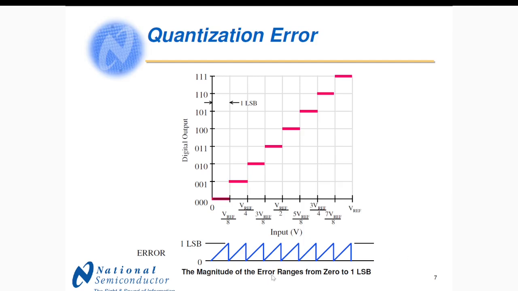The magnitude of the error ranges from 0 to 1 least significant bit, or simply 1 bit. But more technically it has to be LSB, because we're not talking about any bit other than the least significant bit. So these steps relate to the very important term called quantization error when we use ADCs.